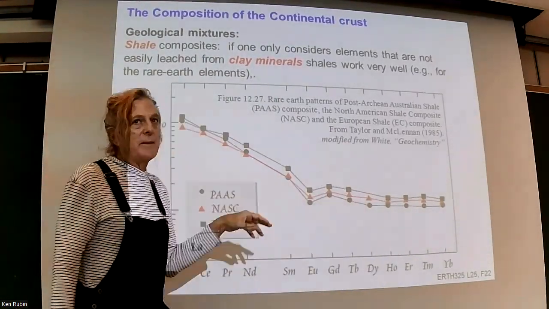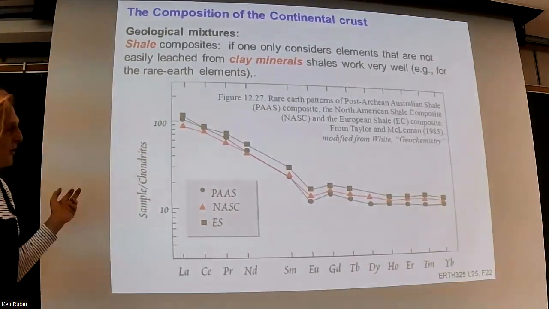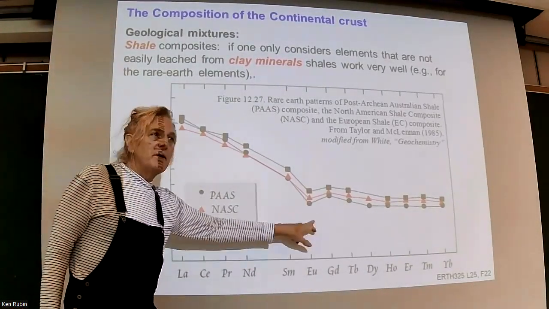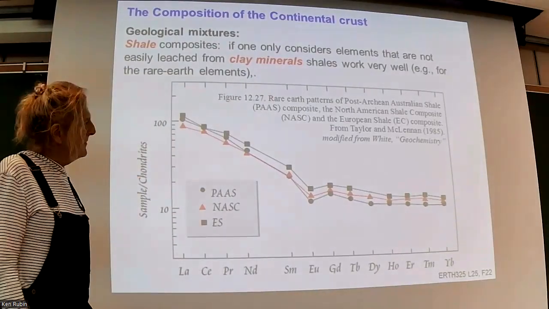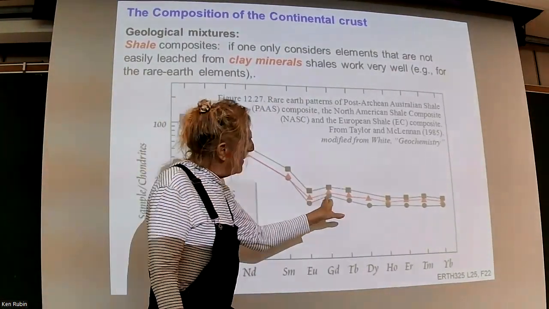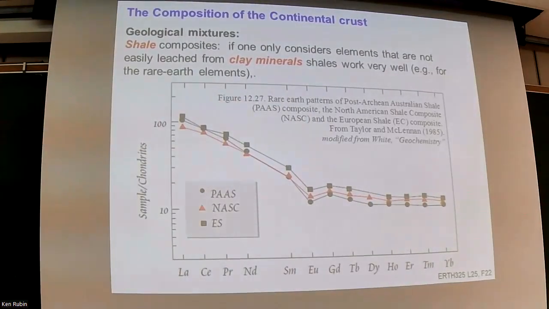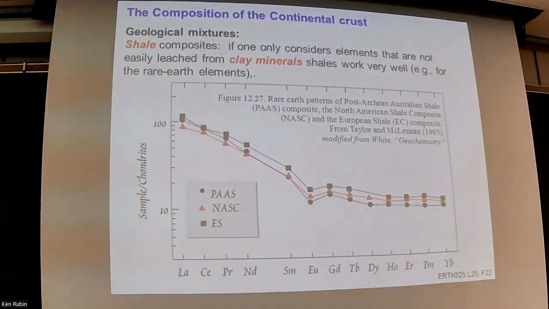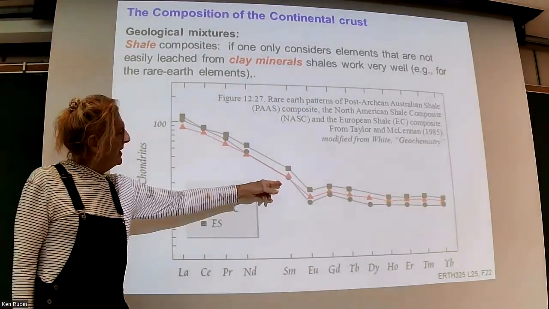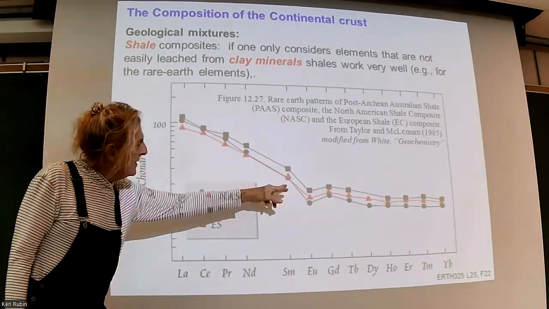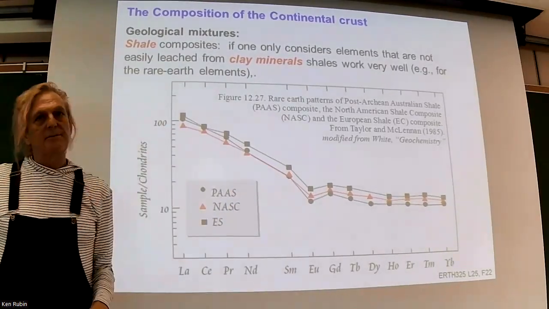They're not exactly the same, but they all show a little anomaly at europium, our element that behaves a little bit differently. They all show a pretty flat pattern in what we call the middle to heavy rare earths, which is basically just this half over here from europium over. And they all show the same amount of light rare earth element enrichment. The lighter the rare earth, the more enriched it is. Okay.